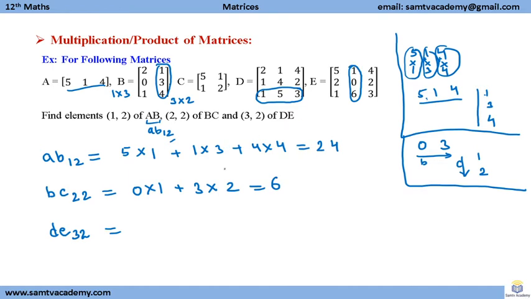You need to multiply. So it will be 1 into 1 plus 5 into 0 plus 3 into 6. So it is equal to 3 6 is 18, this is 0, and this plus 1 will be 19.